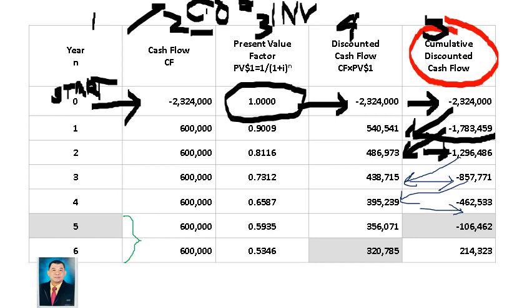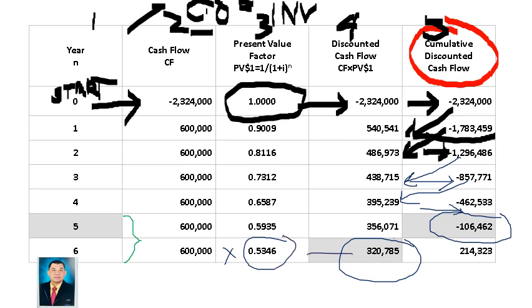So the important thing to remember is the cumulative discounted cash flow on the 5th year, which is negative 106,462. And on the 6th year, the discounted cash flow is 320,75. This one, 600,000 times this factor, gives you this one.